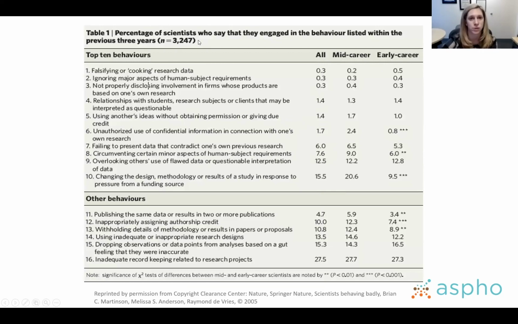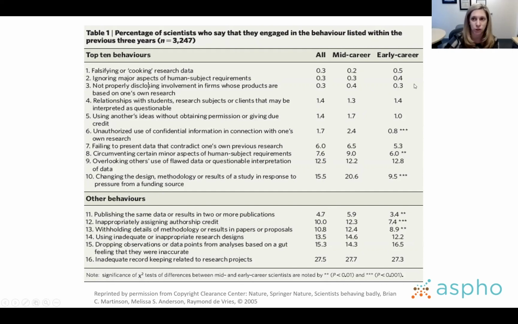This table shows the percentage of scientists who say that they have engaged in the behaviors within the previous 3 years. As you go down this list, you can see that the prevalence of these behaviors increases, and that early career investigators, as noted by these asterisks, are potentially more vulnerable to questionable research practices than more senior investigators might be.